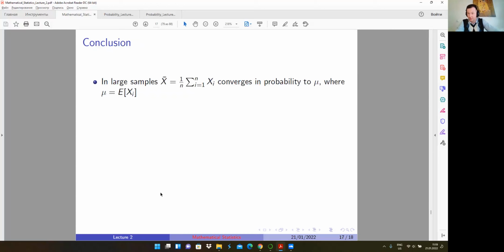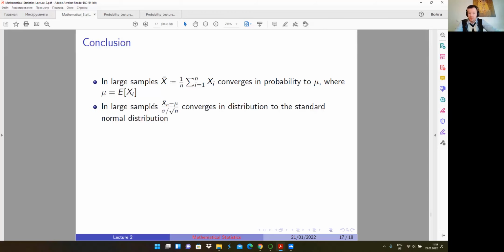Now, to conclude what we have done in this lecture. In large samples, the sample mean converges in probability to the true population mean of X, the variable of interest.